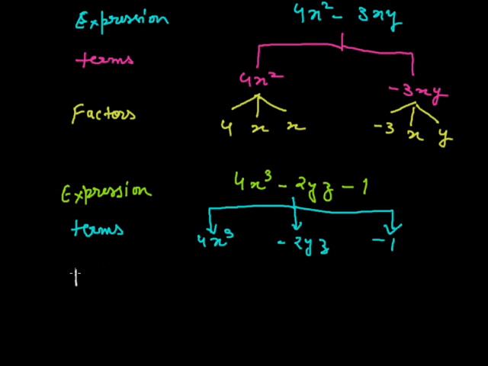Now the factors of 4x cube are 4x, x and x, and the factors of minus 2yz are minus 2y and z.